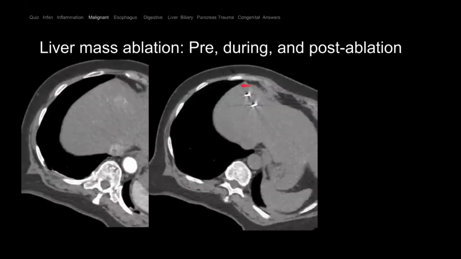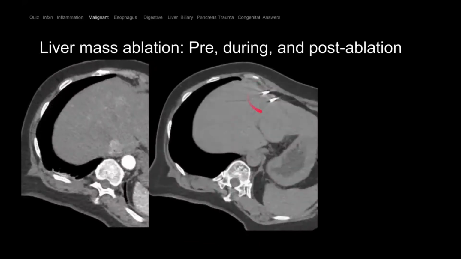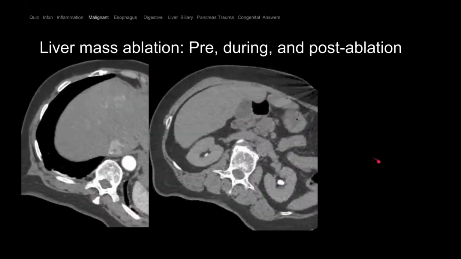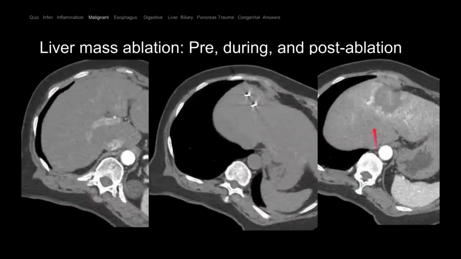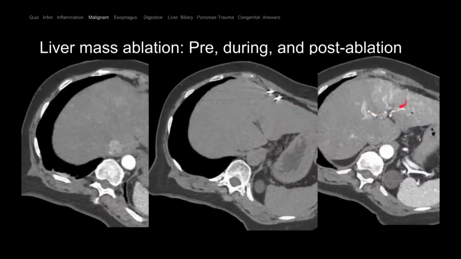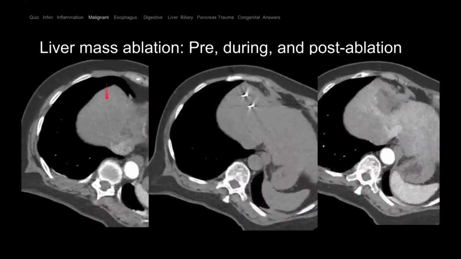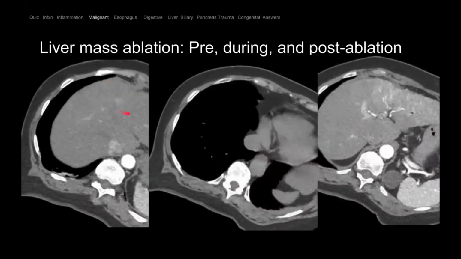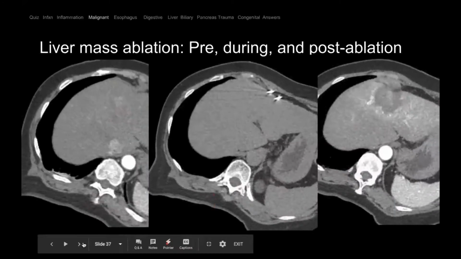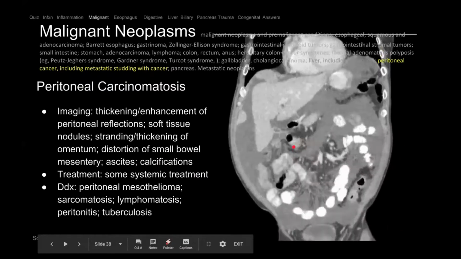It's done percutaneously through the skin, and patients come in for the treatment, and then they leave the same day. And this is the post-ablation treatment. So you can see this is the area that got burned by the tips of the ablation probes. So now it's no longer enhancing like it was before the ablation. Okay, so this is called ablation. And those are the different ways to keep the tumor under control until the patients can get a liver transplant.